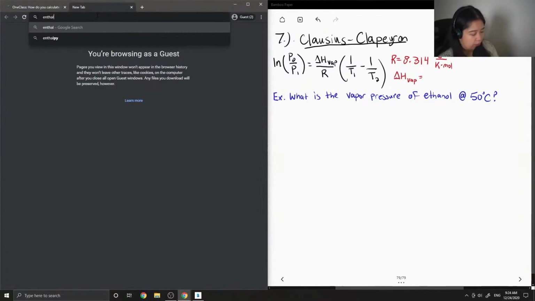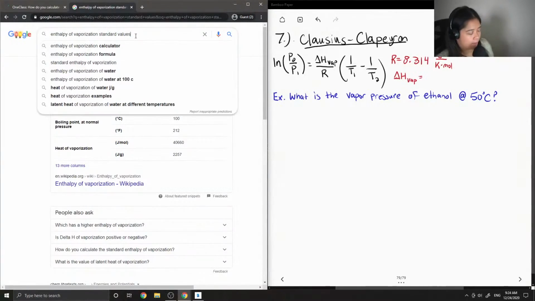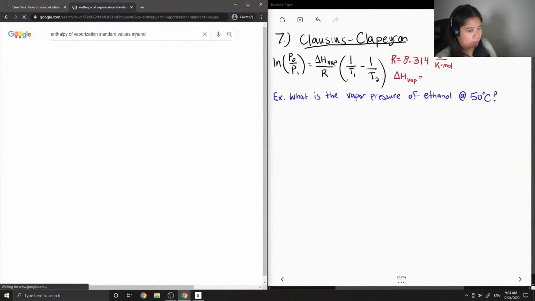So enthalpy of vaporization standard values. I'll just put ethanol.